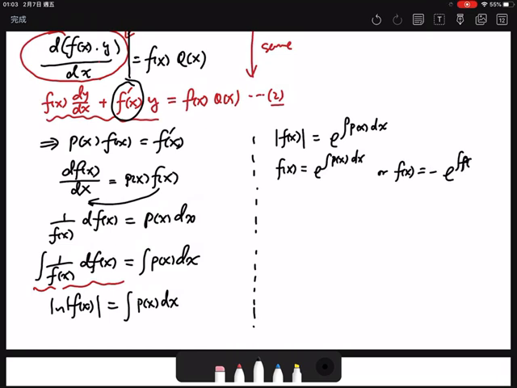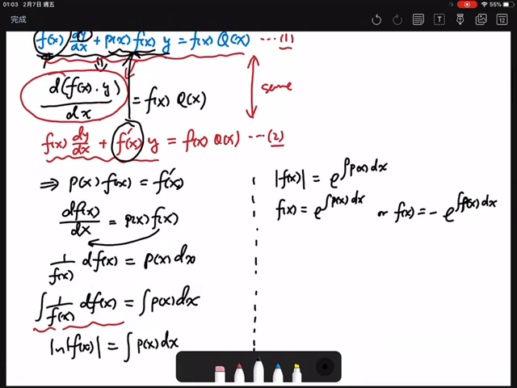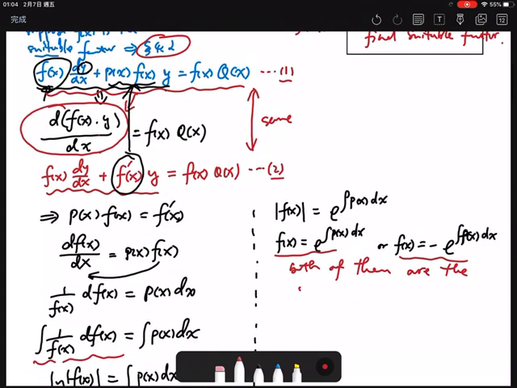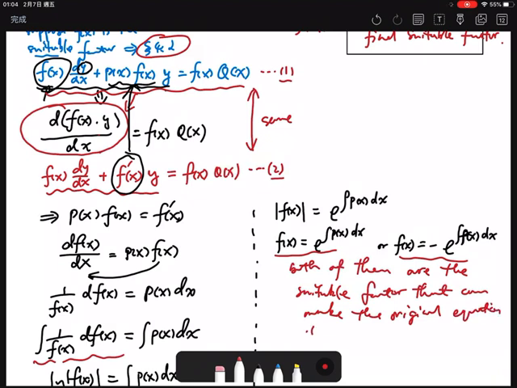However, no matter which one you choose, both of them are suitable factors that can make the original equation become the type in section 4.2.